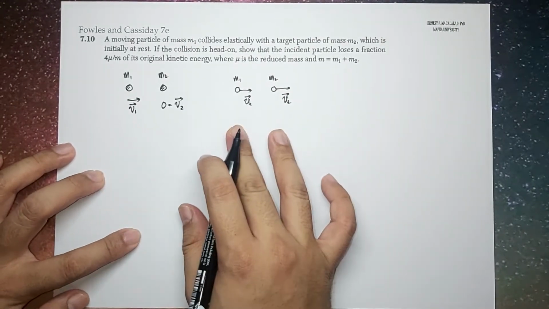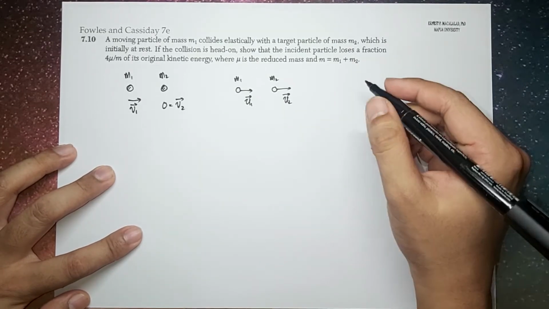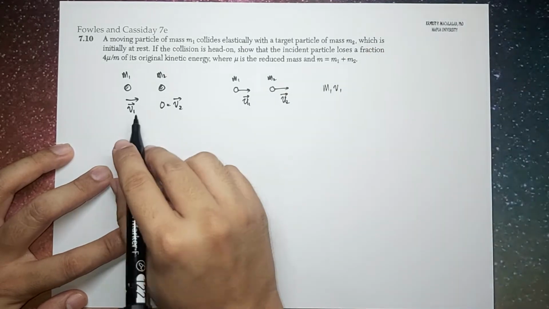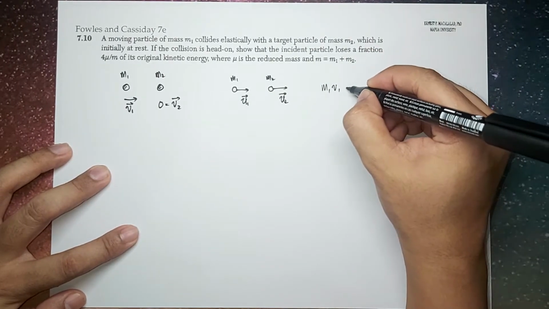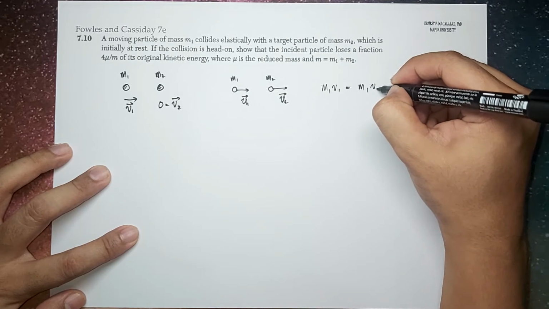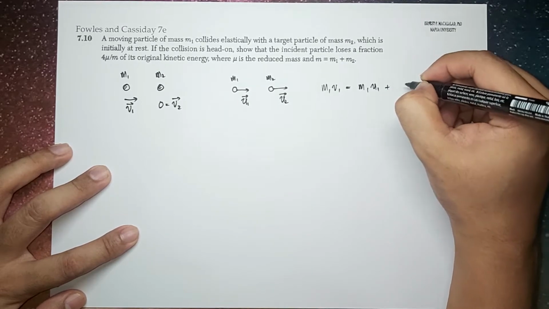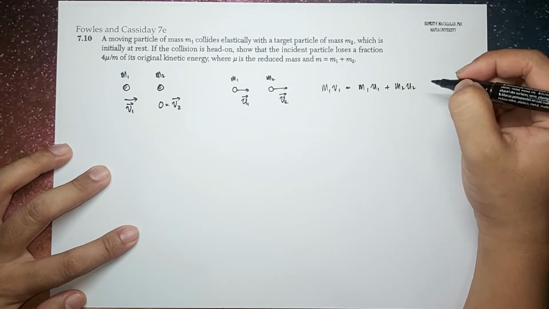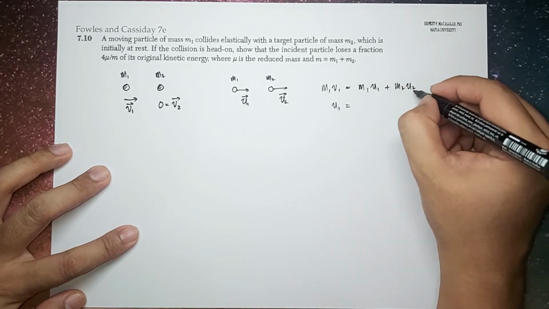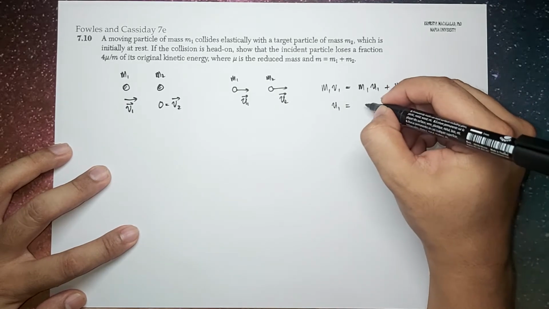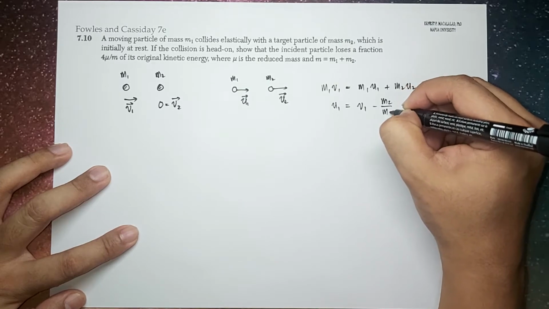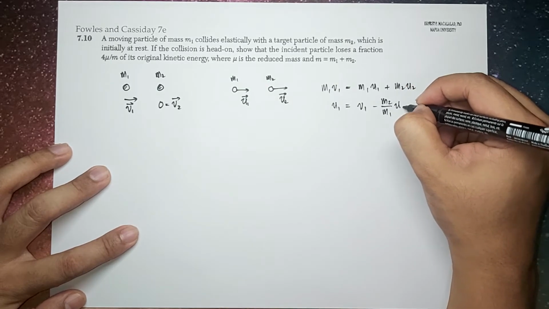So conservation of linear momentum tells us that m1 v1 would be equal to m1 u1 plus m2 u2, or u1 in terms of v1 would be v1 minus m2 over m1 u2.